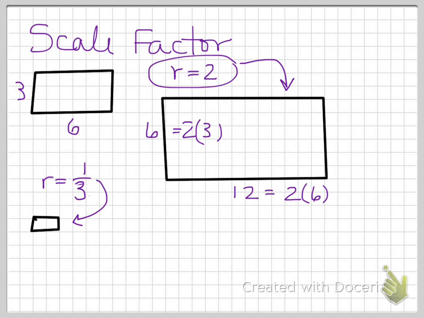So you might be thinking, well, what if you use R equals 1? Because then I would just be multiplying the sides by 1. I would come up with a congruent rectangle. And so I don't need to draw it. But if scale factor R equals 1, then it would be this one right here.